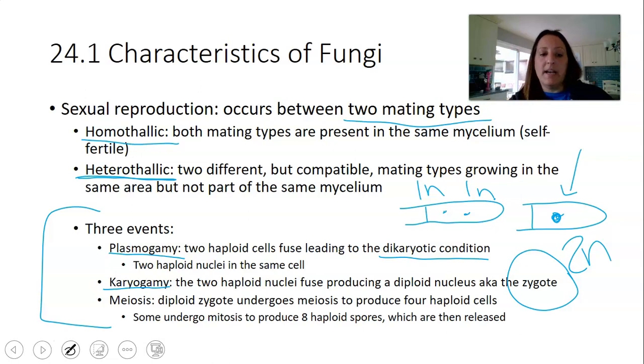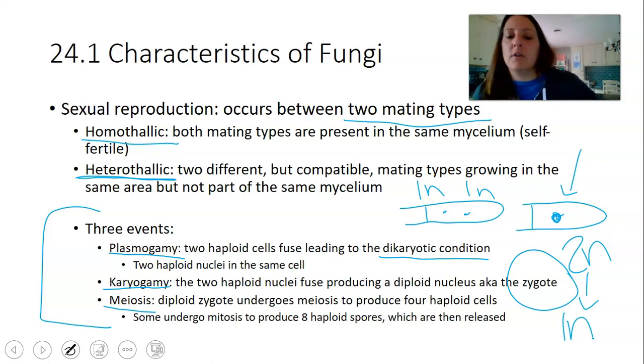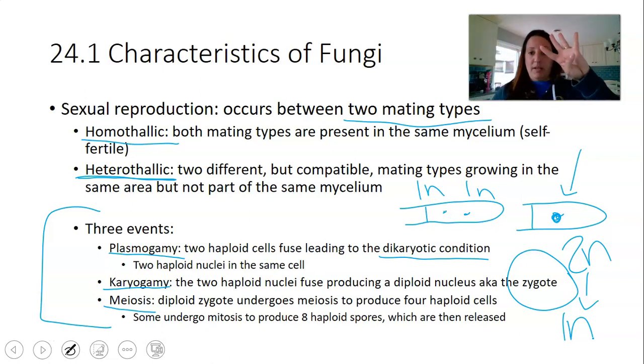Very quickly, that zygote is now going to undergo meiosis. That's going to result in reduction of chromosome number back to the haploid state. So the diploid zygote undergoes meiosis, and meiosis is going to produce 4 haploid cells. And that might be it.